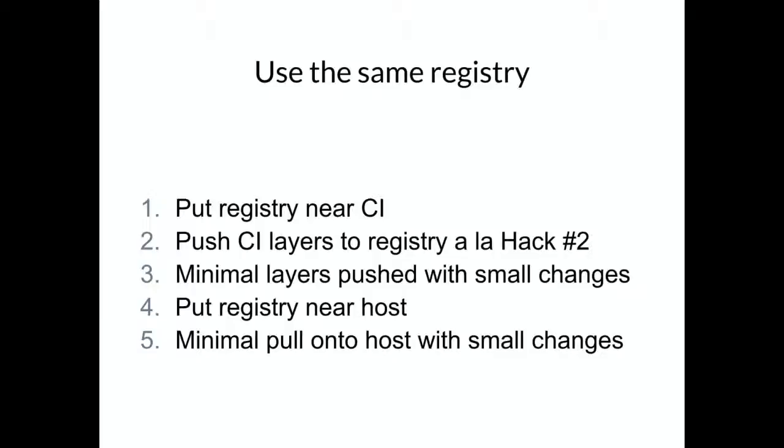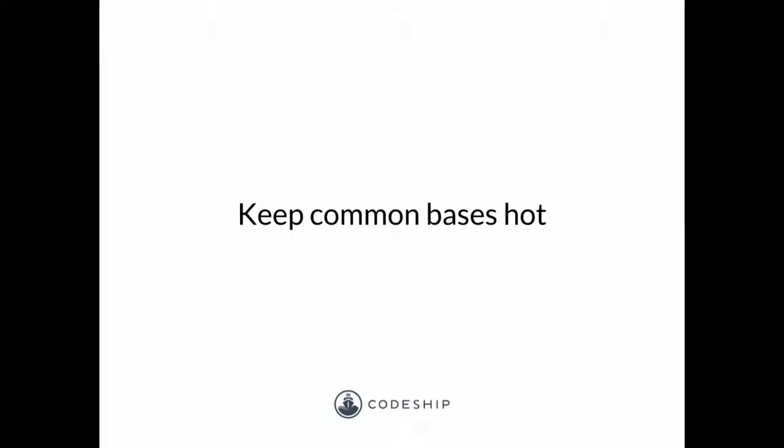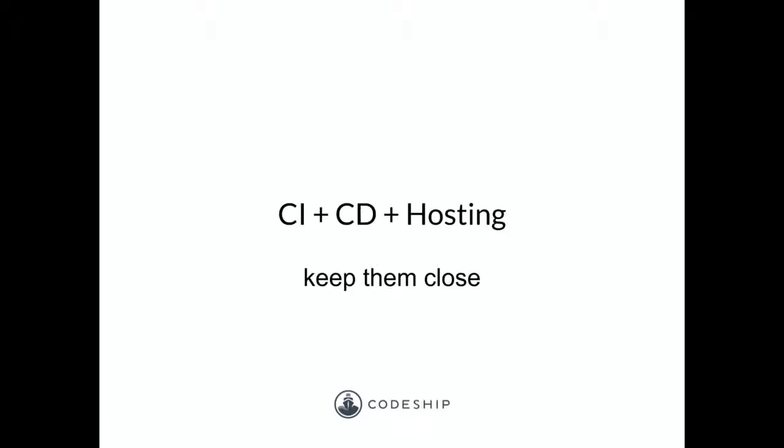So when they pull, they only need to pull what was changed since last time. And if they do have to pull everything because they don't cache, at least it's very close by and the pull will be fast. So you want to keep those common bases in your registries. You want to use similar bases and keep them all close together. And for us, this meant Amazon all the things. But you can replace Amazon with whatever your cloud provider is.